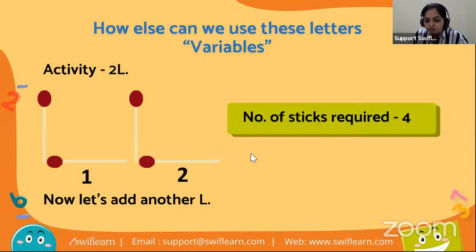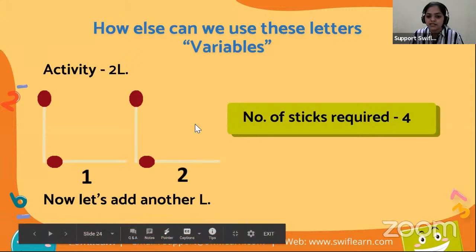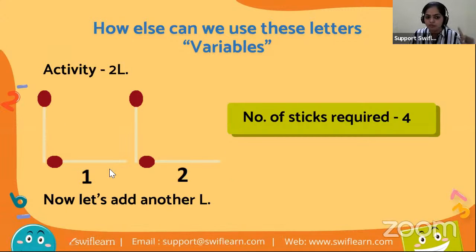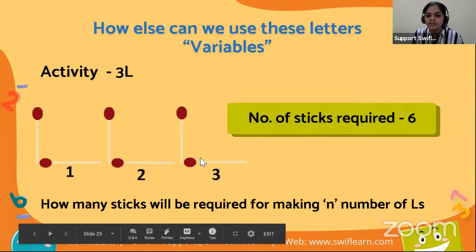If I add one more L, how many matchsticks are required in total to make 3 Ls? 2 for the first L, 2 for the second L, again 2 for the third L. That means you require 6 matchsticks to make 3 Ls.